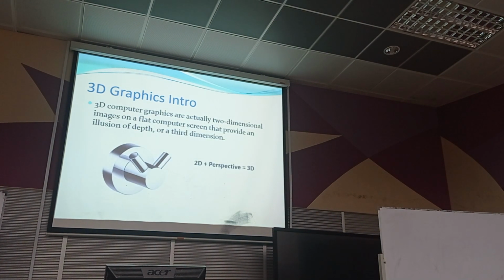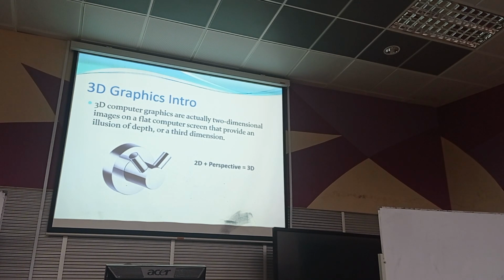The illusion of depthness, or the third dimension, can be shown by using the perspective view. Your 3D graphics are actually 2D images on the flat computer screen that provide the illusion of depthness, the z-axis, by using the perspective view.